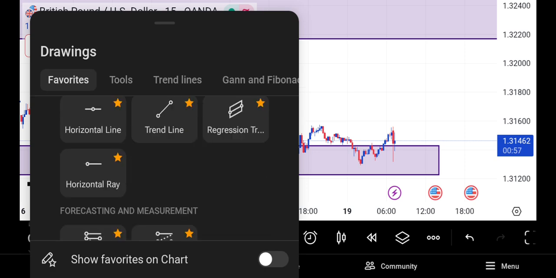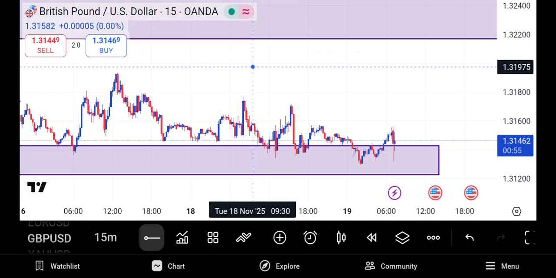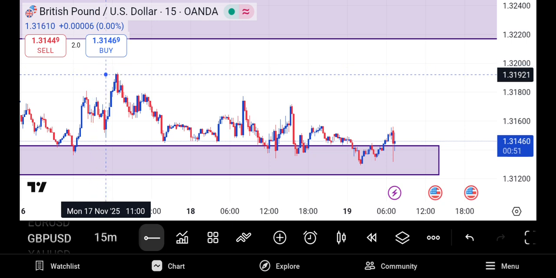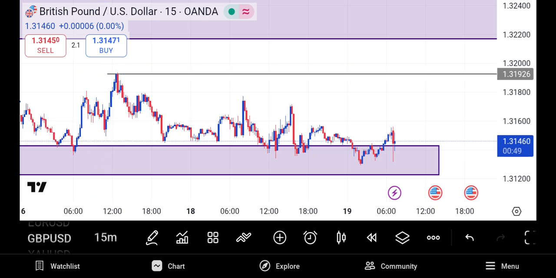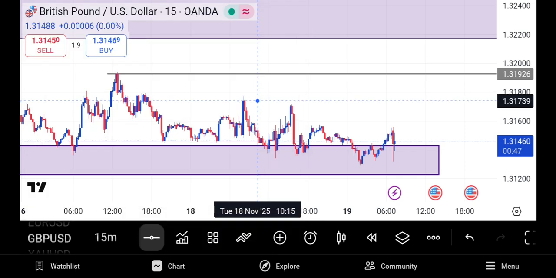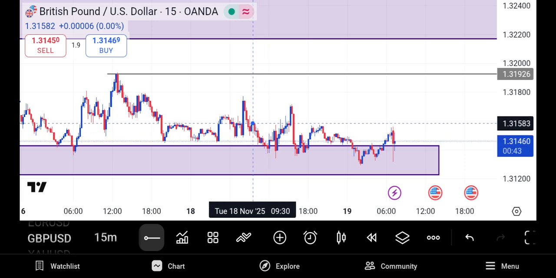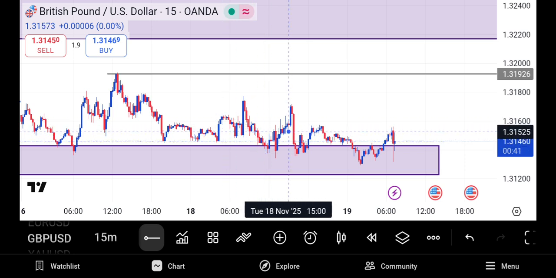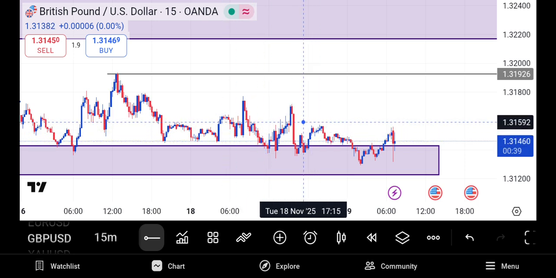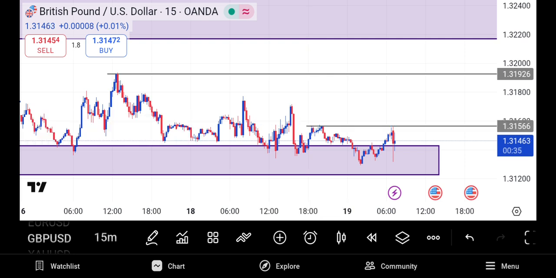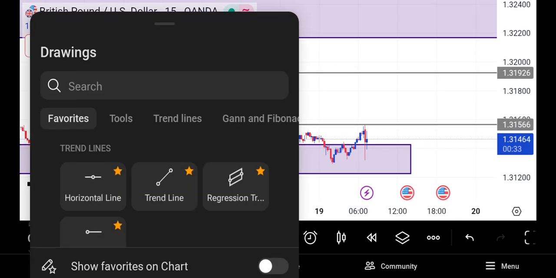For the first take profit, we might as well target this previous high right here. And again, we're waiting for price to break this zone, which is going to be our confirmation that price is going to push to the upside.